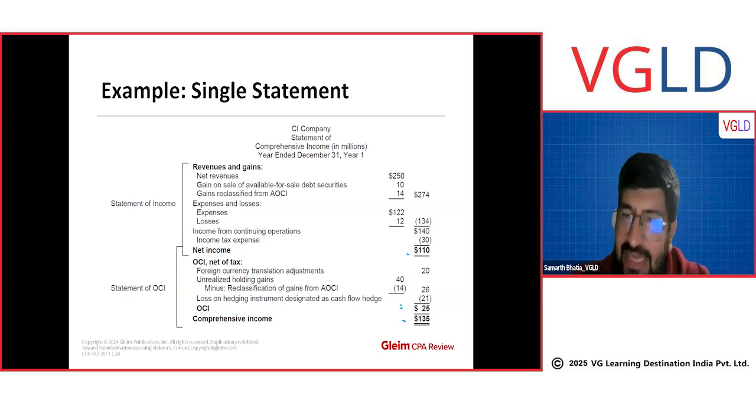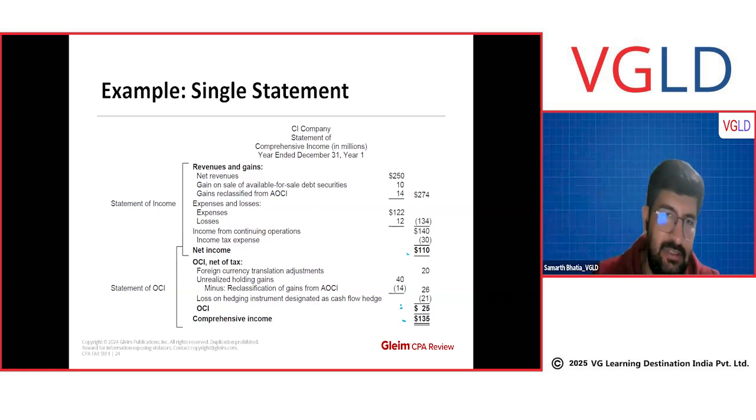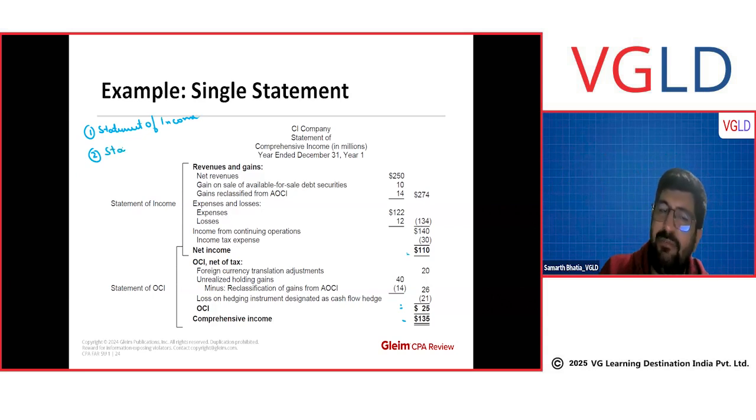The second option we have is we'll be preparing two separate statements. One is a statement of income, which is the same as the income statement. Then whatever net income I get, the second statement I'll be preparing is a statement of comprehensive income.